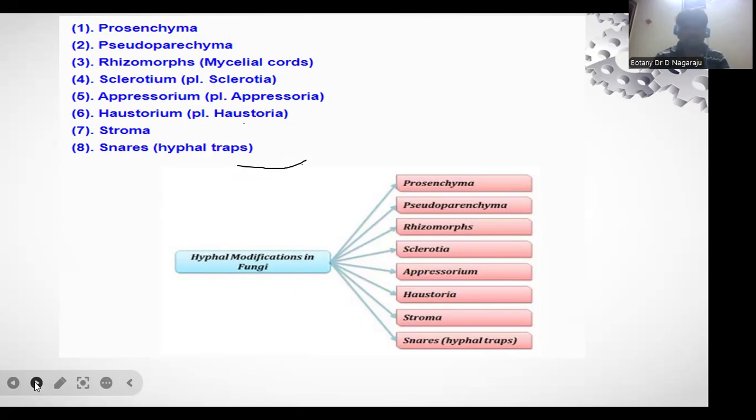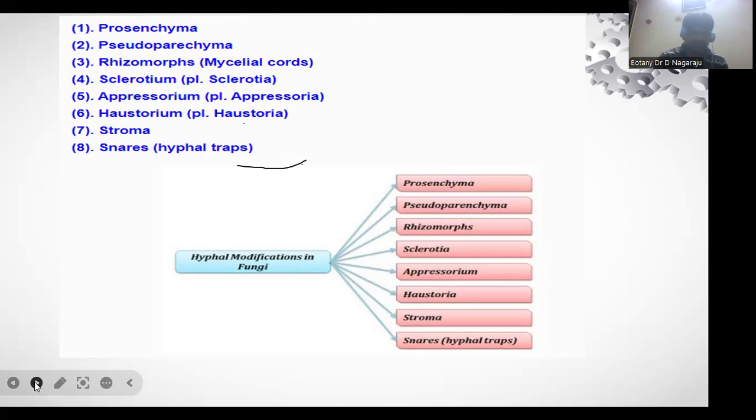Not all are single-celled, not all are simple filamentous type, not all the mycelium is unique. There is a differentiation, different structures are there in the mycelium, hyphae.